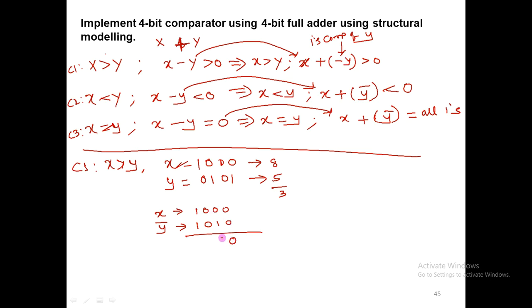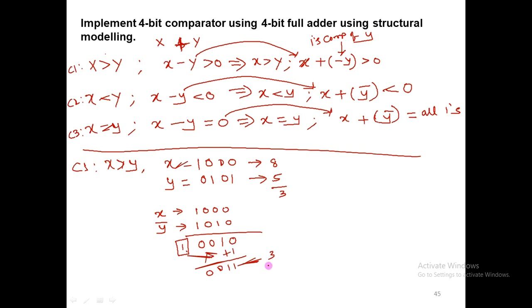0 plus 0 is 0, 0 plus 1 is 1, 0 plus 0 is 0, 1 plus 1 is 0. You'll get a carry overflow. To get the right answer, this carry should be added to the one's complement result, and you will get 0 0 1 1, which is 3.